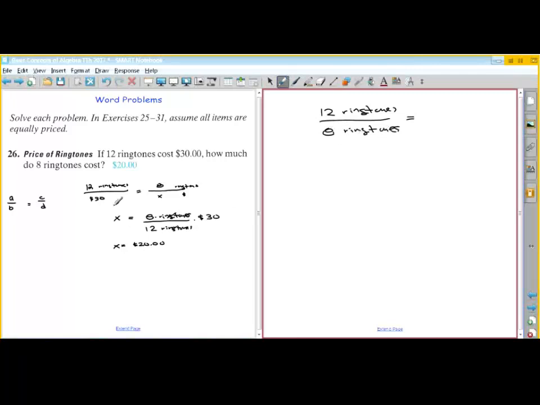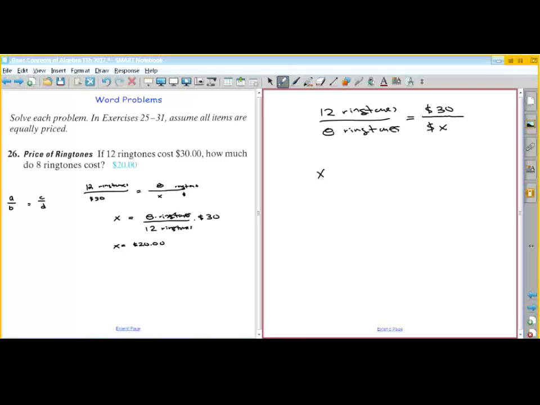So I'm using the ratio of ringtones to ringtones instead of ringtones to dollars. And so then I have another proportion over here, and I just have to match up the correct dollars with the correct ringtones. So 12 ringtones are in the numerator, therefore the $30 has to be in the numerator. And the unknown number of dollars has to be in the denominator because that's the unknown cost for 8 ringtones.